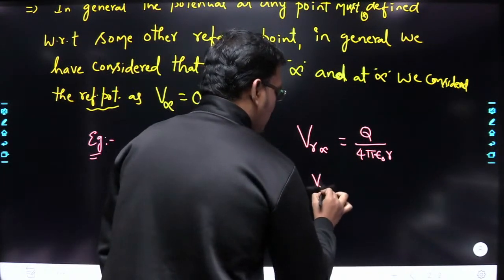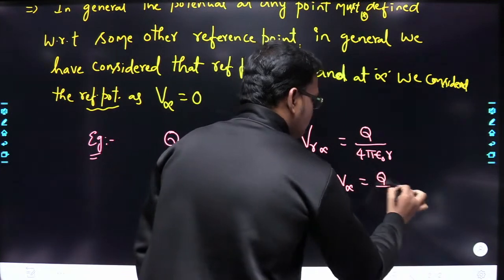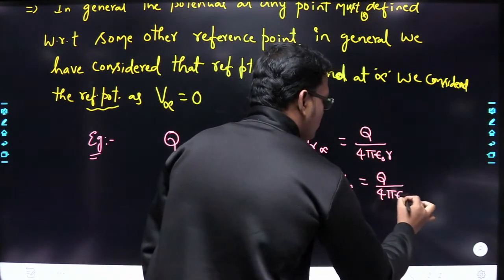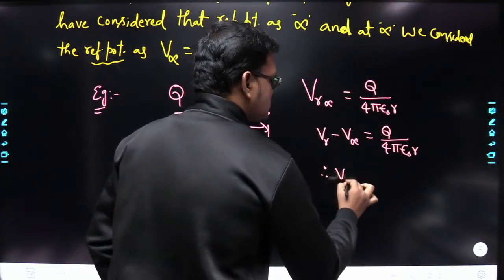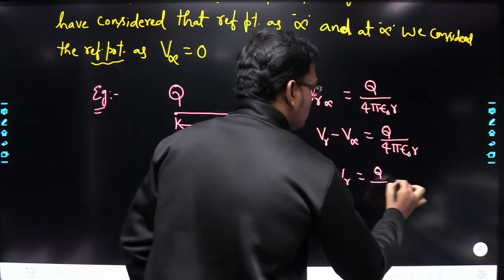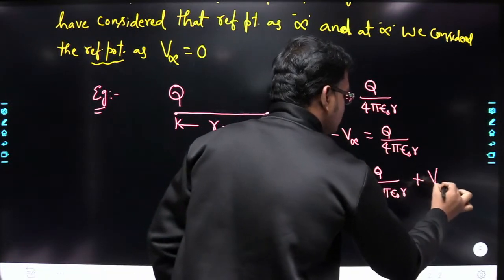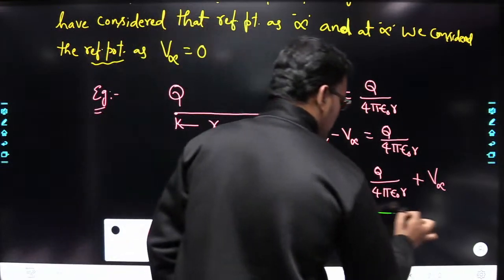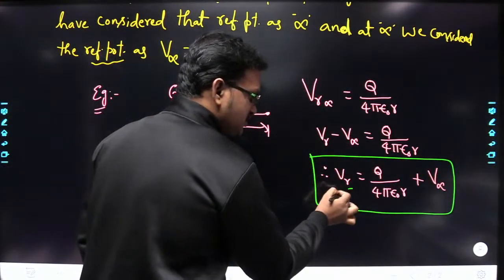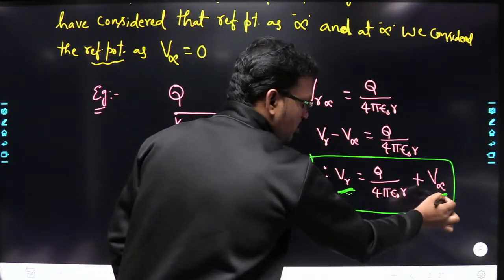So V_R infinity means V_R minus V infinity, which is equal to Q by 4 pi epsilon naught R. Therefore V_R is equal to Q by 4 pi epsilon naught R plus V infinity, yes or no? So this is the potential at R with respect to infinity.